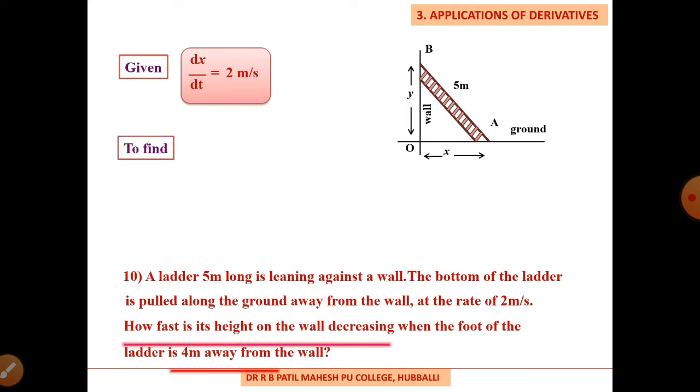Next, you have to find out dy by dt, meaning the change in the height of the ladder, that is variable y. So the change in y with respect to time t, that is dy by dt, you have to find out when x equal to 4 meter.